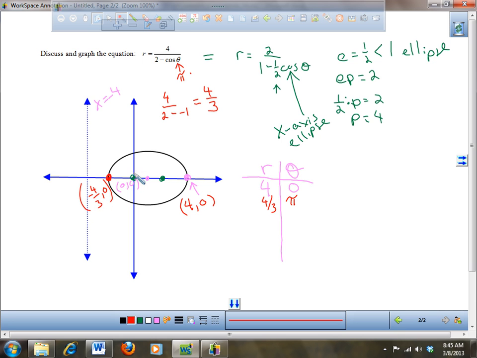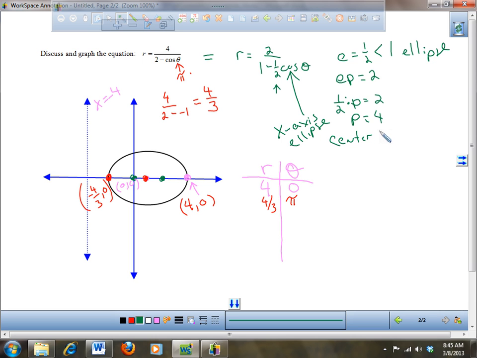So now what you can do is find the center, because I know these 2 points. The center is going to be at the average between -4/3 and 4.